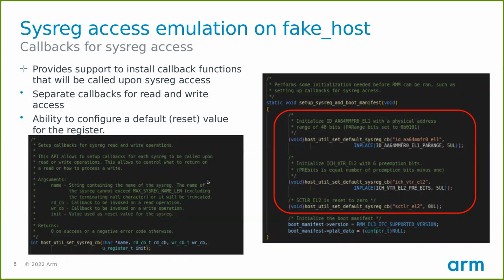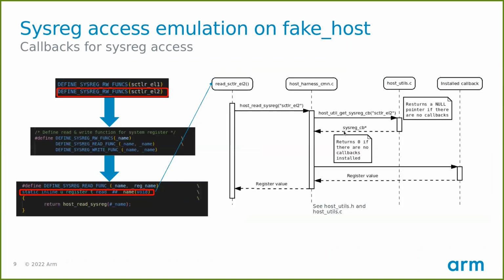Internally, this library allocates a sysrec callback structure. This structure has a pointer for each one of the callbacks, write and read. It also has a uregister_t data type where we store the value that is going to be stored or read, and it also stores the name of the register.